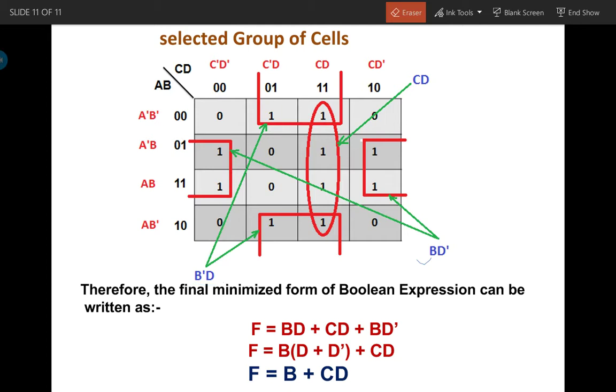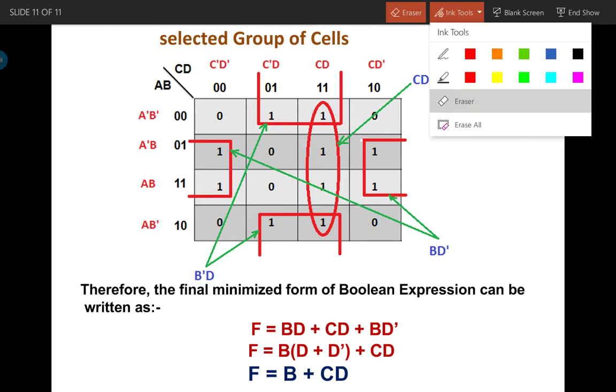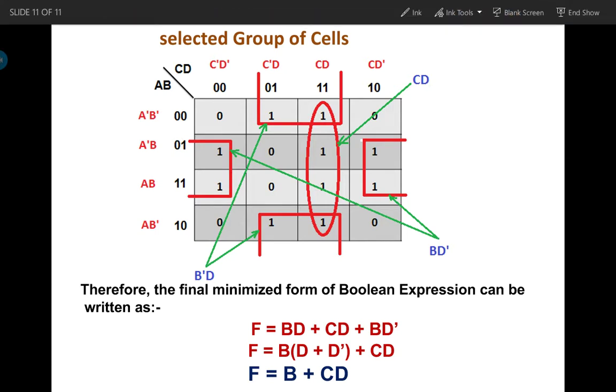Now ultimately we get the sum of product terms by combining these product terms in the SOP form. So first group, second group and third group, combine them, and you form the sum of product term, SOP form. All the product terms are summed together to get the SOP form.